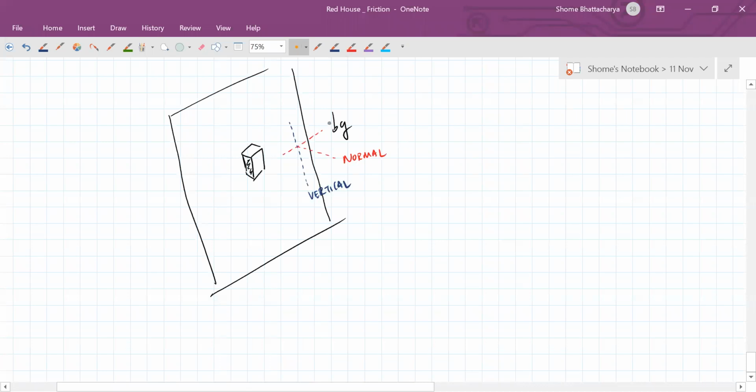This is normal, this one is tangential but horizontal. So this is tangential to the wall, but horizontal.